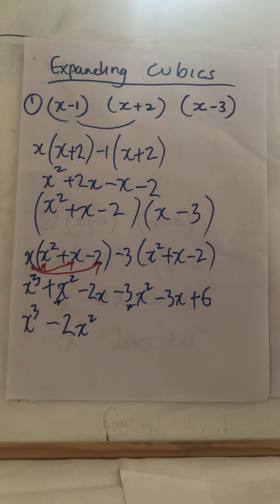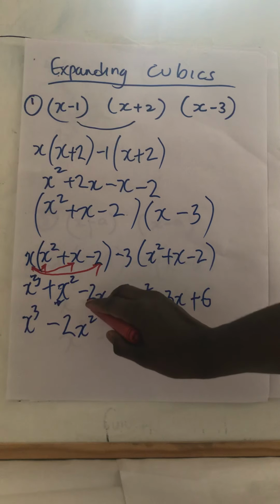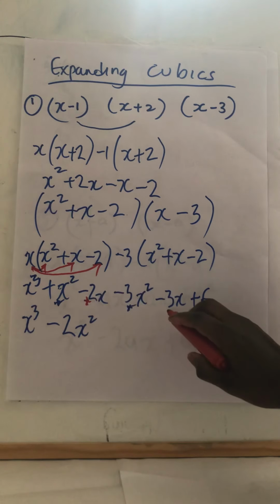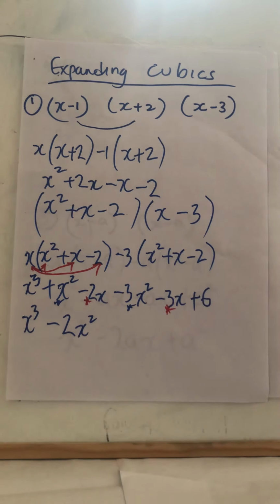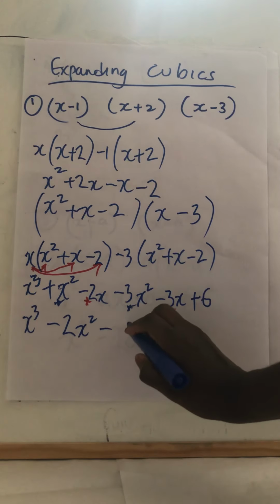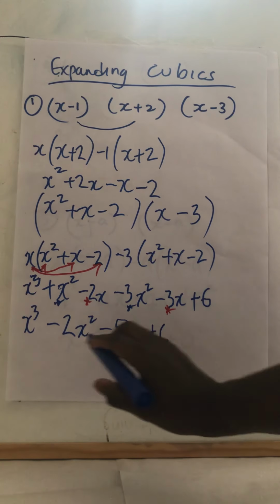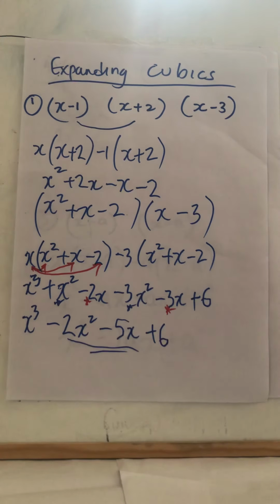I have other like terms, and that would be minus 2x minus 3x, and that will give me minus 5x. Minus 5x plus 6. This is my answer.